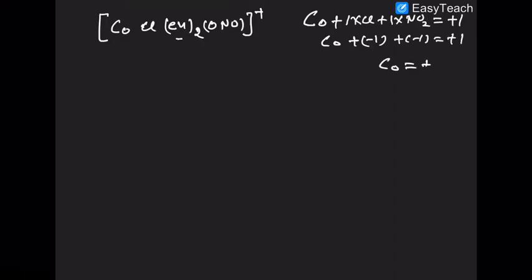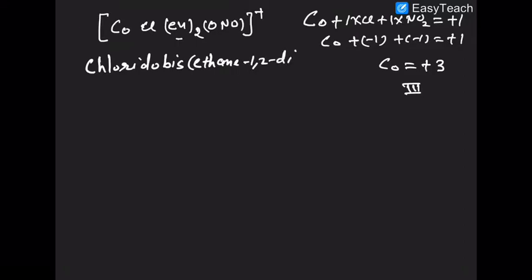So cobalt overall charge is +3. So Roman 3 should be there. So how would you name it? It is chlorido bis(ethane-1,2-diamine).